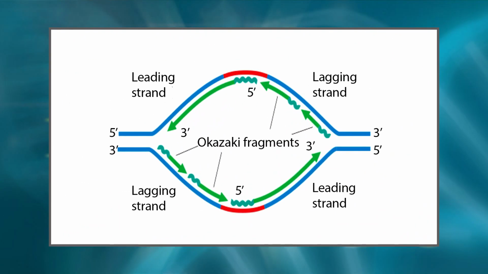These short fragments are known as Okazaki fragments. The synthesis of the lagging strand is discontinuous since the newly formed strand is disjointed. The RNA nucleotides from the short RNA primer must be removed and replaced by DNA nucleotides, which are then joined together by the DNA ligase enzyme.